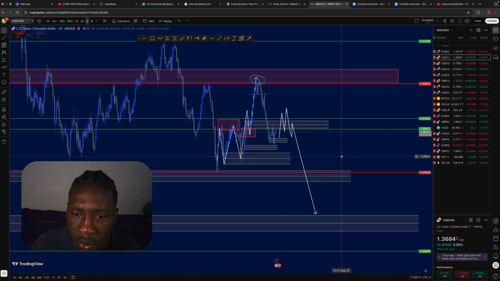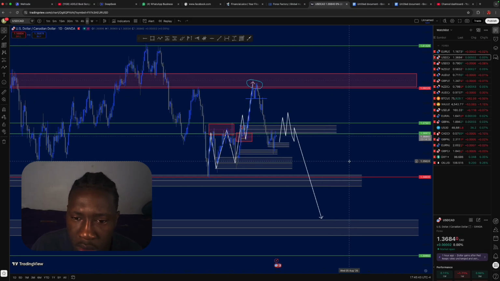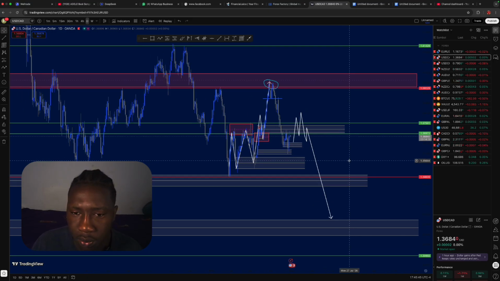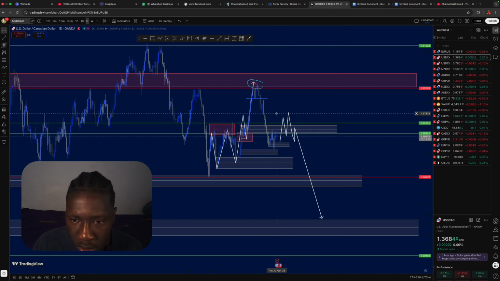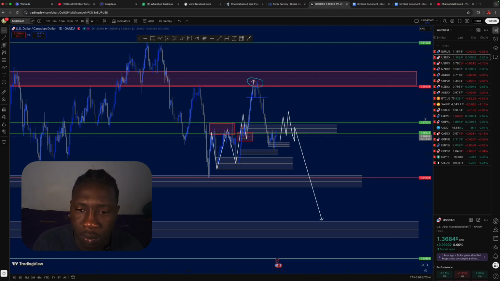Is it creating lower highs and lower lows? Because now we are not seeing the setup that is there. The market is just consolidating at this point. So I can't say the market is buying or selling from this point of view.